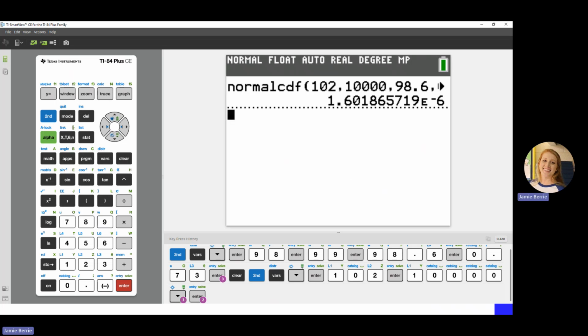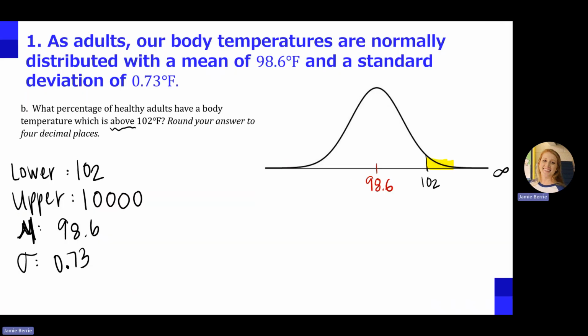So back to our screen. Okay. So this was what we got: 1.60186571 E -6.